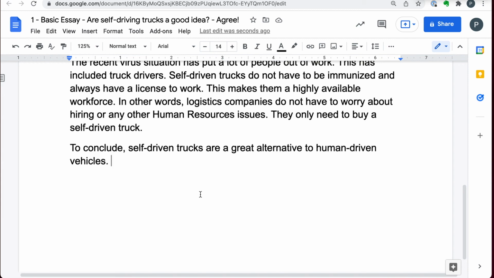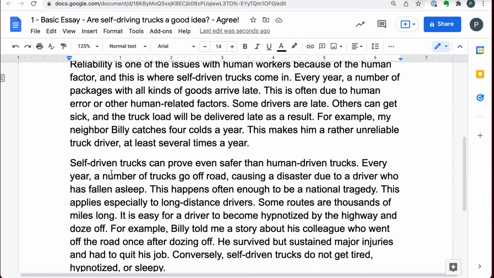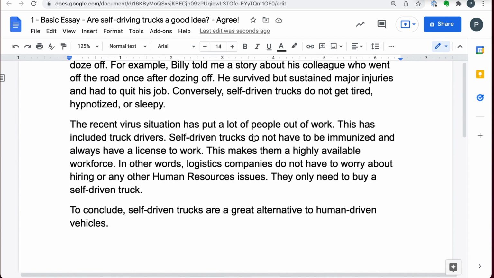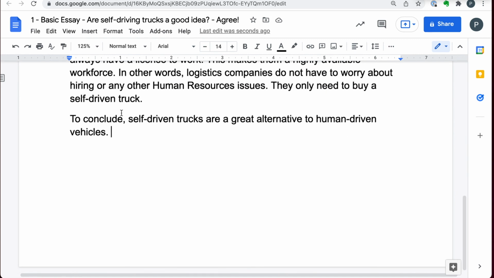I'm essentially doing the same thing, because the structure of my conclusion is going to be the same as the structure of my introductory paragraph, my thesis statement. Again, it's the main point. Self-driven trucks are a great alternative to human-driven vehicles. And I'm going to use the exact sequence that I used in the body of the essay.